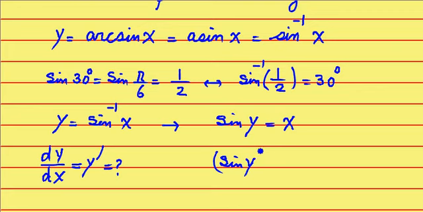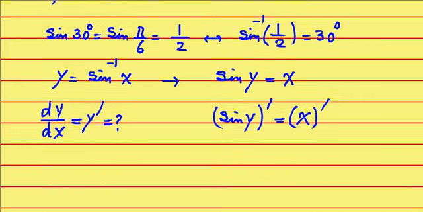Sine of y, I'm going to differentiate with respect to x. Next, derivative of x, that is easy. The derivative of sine is cosine of whatever it was being applied to, and by the chain rule I have to differentiate the interior function as well.